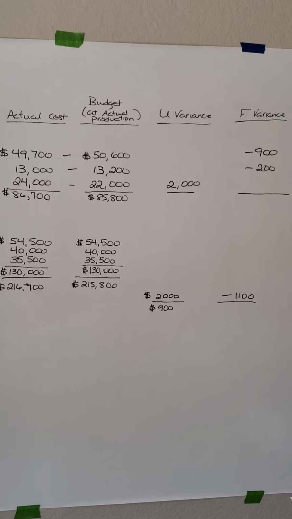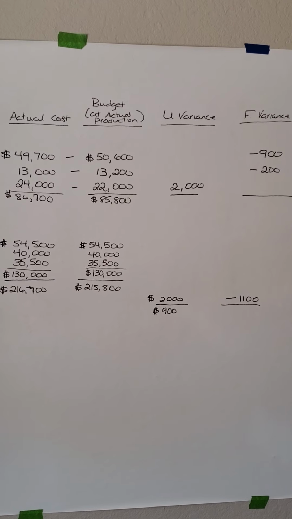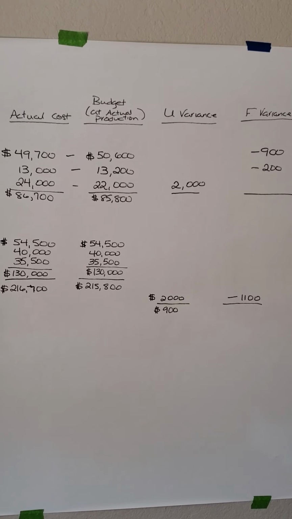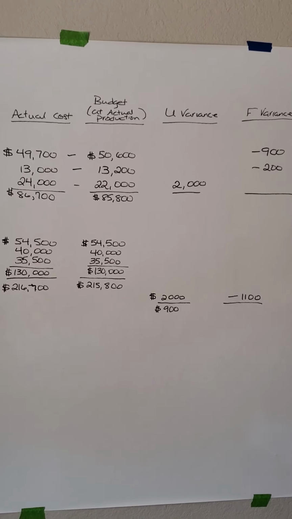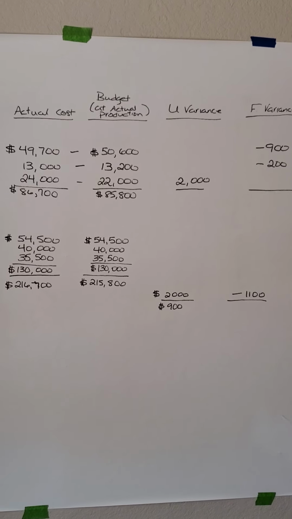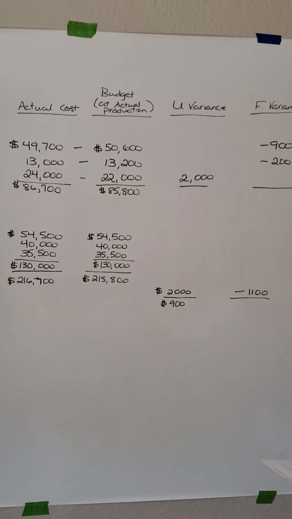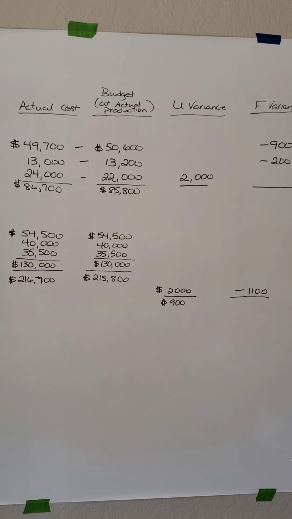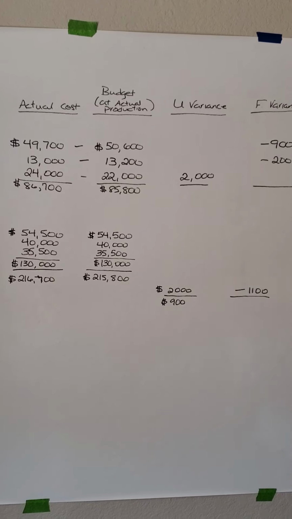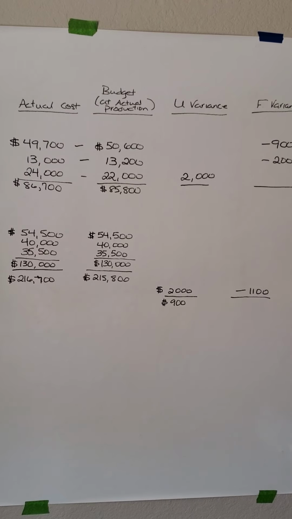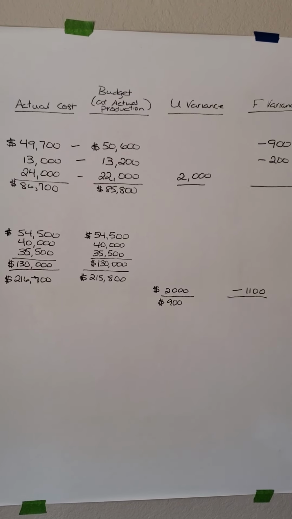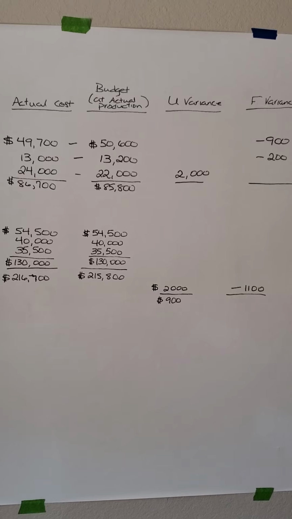And then the next thing it asks for is idle hours at the standard rate for fixed factory overhead. Okay, so we talked about how we had 3,000 hours of idle capacity. But first we have to calculate out what our fixed factory overhead rate is.